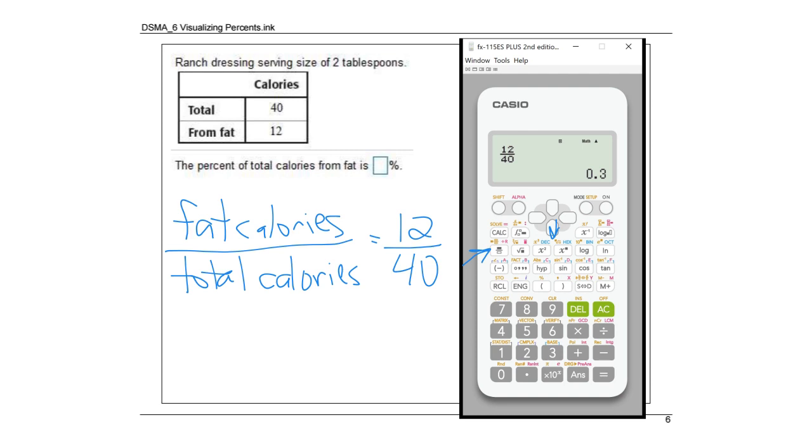But when you do that, you're going to get a fraction. So then you have to hit this SD key here above the delete key, and that will change it back to a decimal. So that flip-flops between a fraction and a decimal. So that gives us 0.3, but that's not a percent. That's a decimal. So we've got to move our decimal over, which is why we've been practicing that. And if we move our decimal 2 places to the right, we would get 30%. So we're going to put 30 in here.